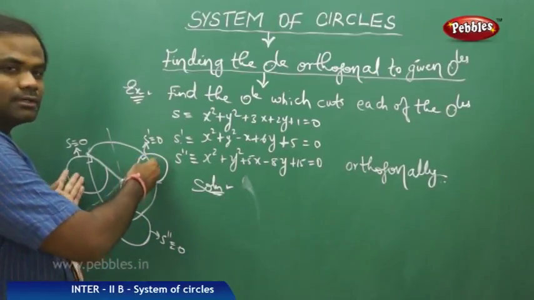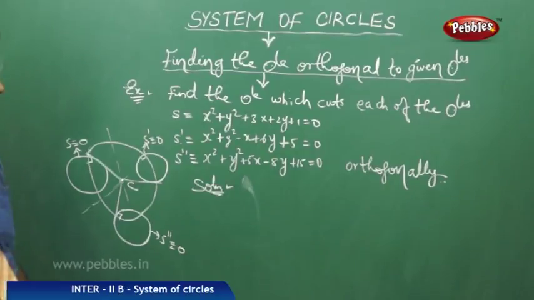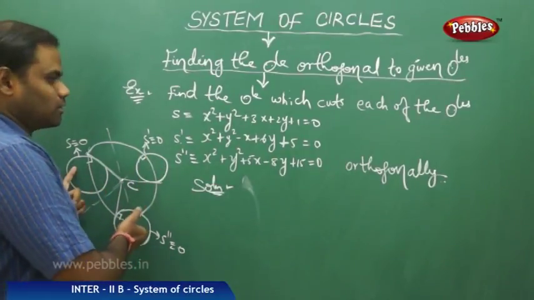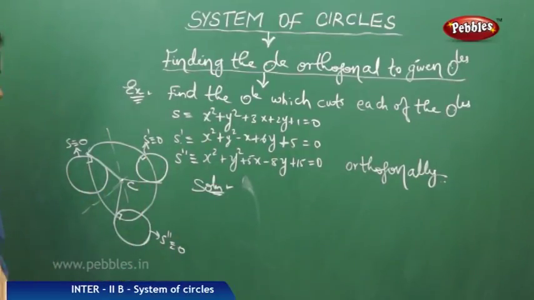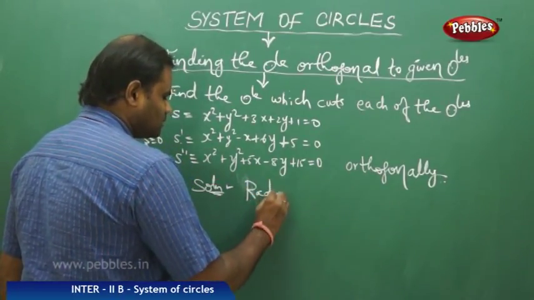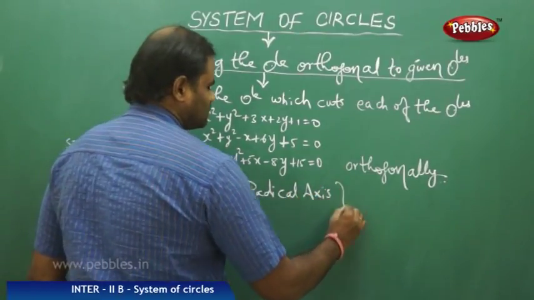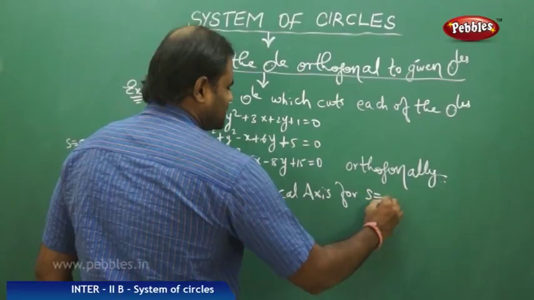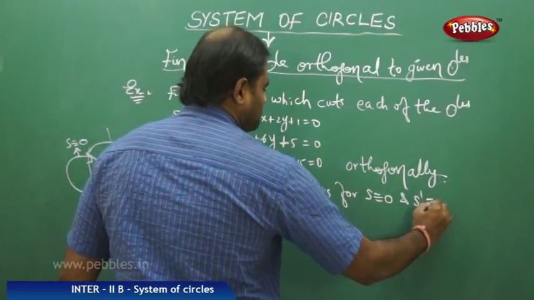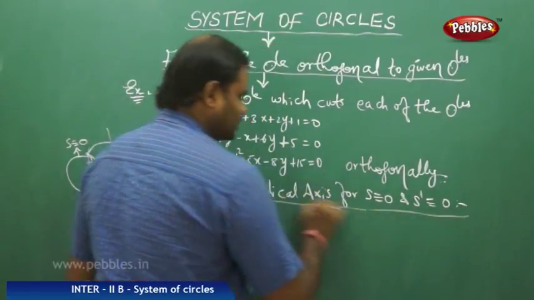I'll be taking first this or this in finding the radical center. So initially my radical axis for S equal to 0 and S dash equal to 0 is what I'm going to find.